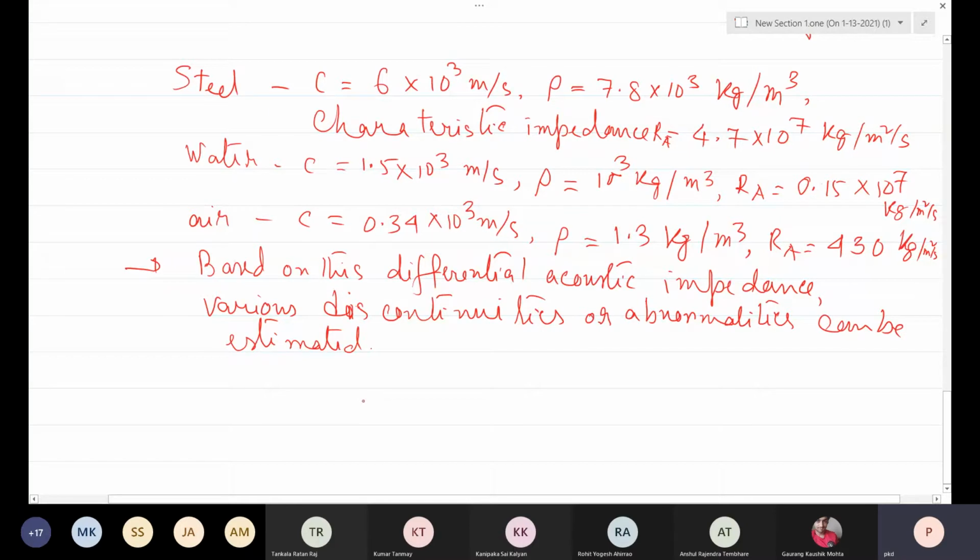So if the sound propagates, there will definitely be a reflection from that point backward, or the intensity of the sound propagating forward will be attenuated due to the reflection discontinuity.